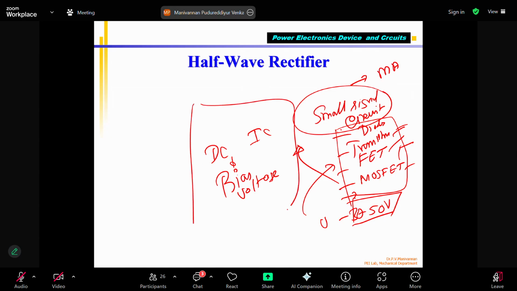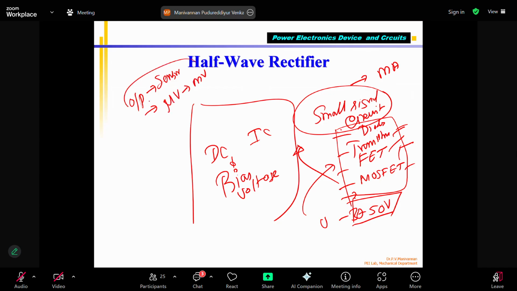But what are we using here? Op-amps for amplifying signals from sensors, correct? Strain gauge bridges, or thermocouples or RTDs, a lot of sensors. What is the output of these sensors? The voltage rating is generally in the order of microvolts to millivolts.